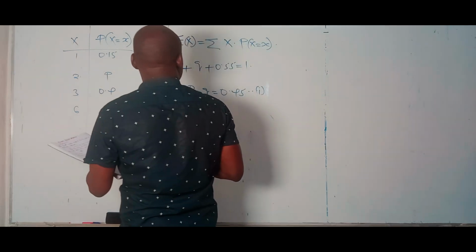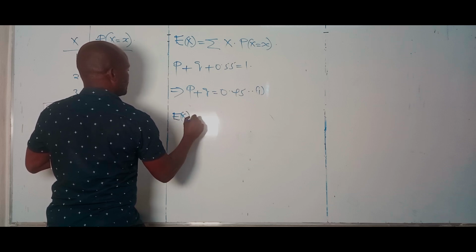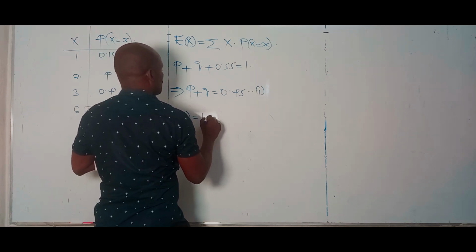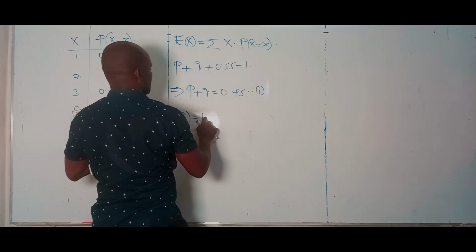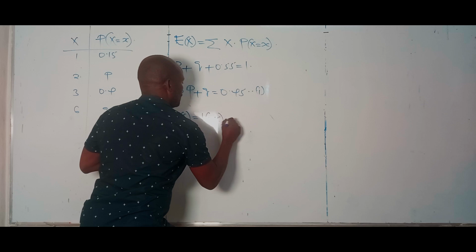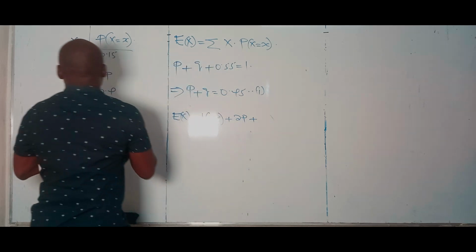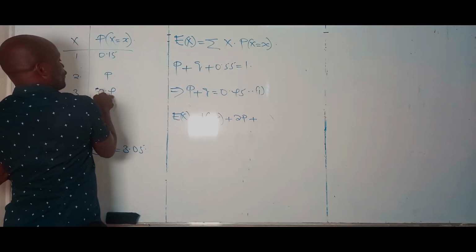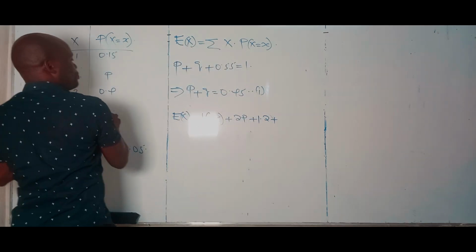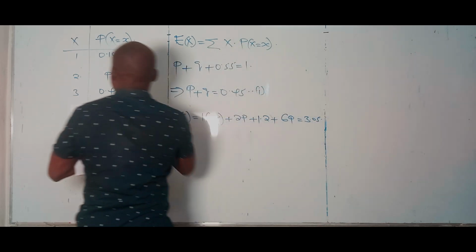So the expected value of X is 1 times 0.15, plus 2 times p, which is 2p, plus 3 times 0.4, which is 1.2, plus 6q, is equal to 3.05.